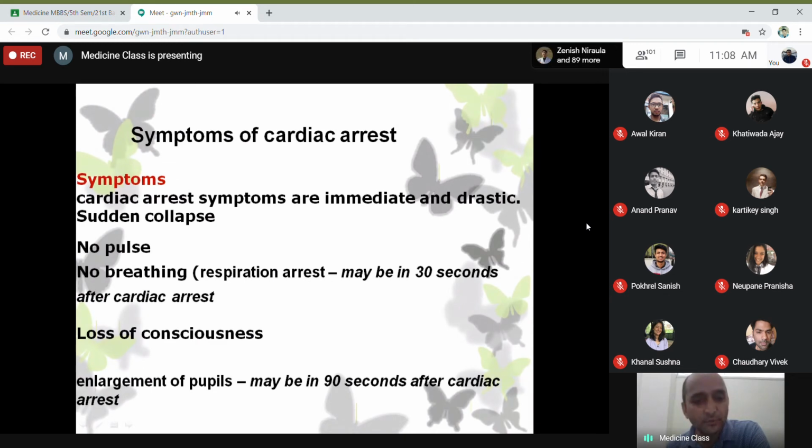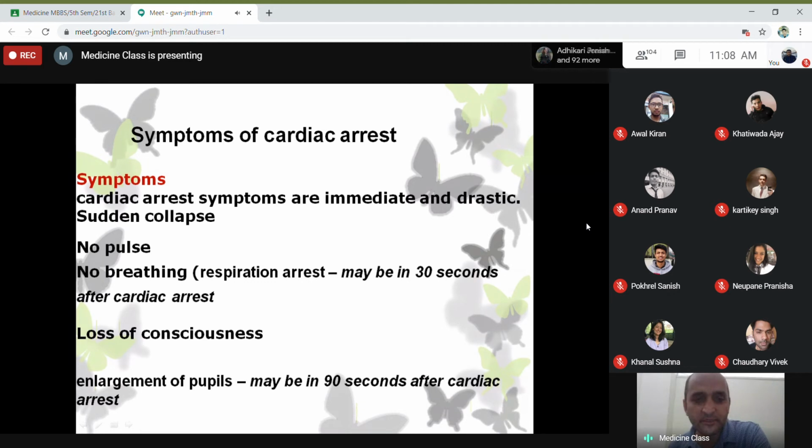If there is no pulse, no oxygenation, and the brain stops working, then the rest of the clinical features will come up, and once you start CPR, you may establish these things.